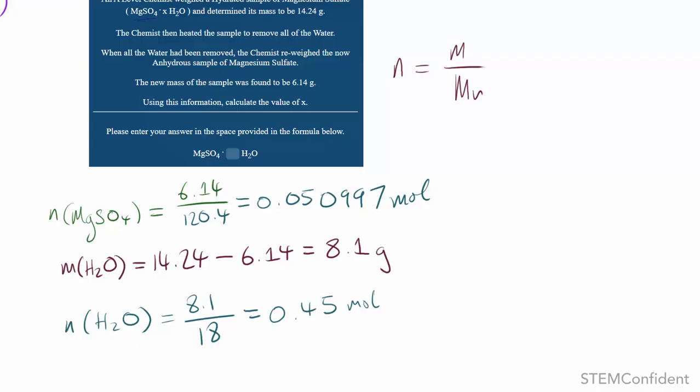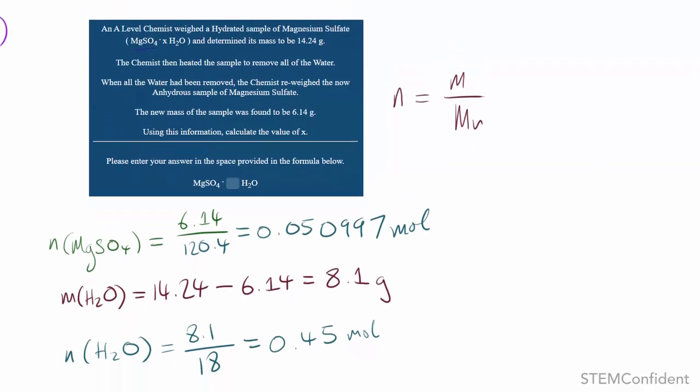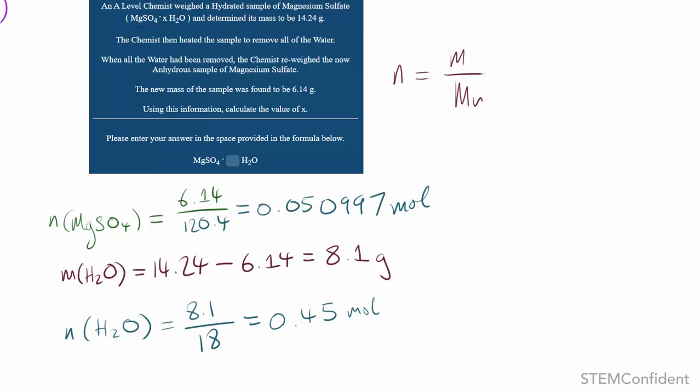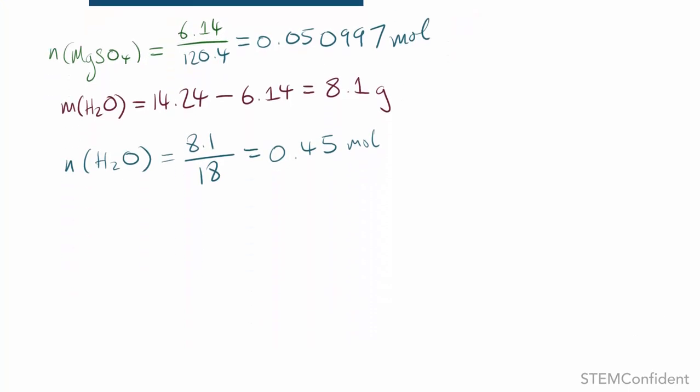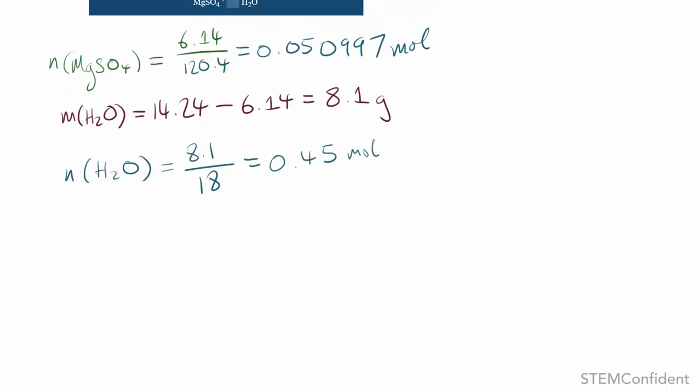So you've got two different values here. MgSO₄ is on the left hand side, so I'm going to set up a ratio between the two, and keep MgSO₄ on the left hand side by convention. So the number of moles of MgSO₄ in ratio comparison with the number of moles of H2O.